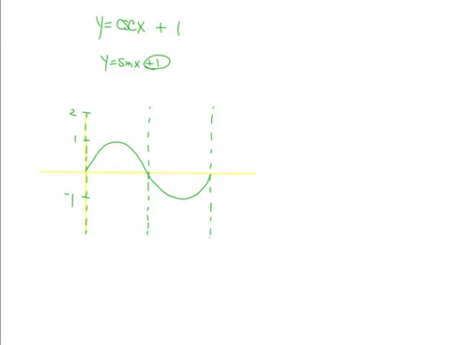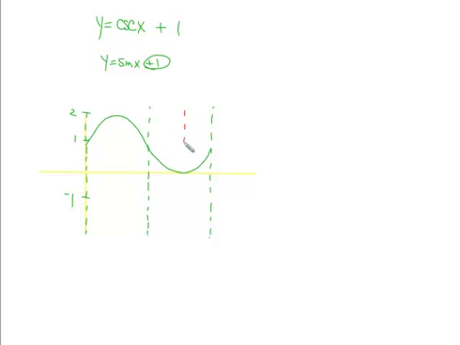Watch what happens if I grab this curve and I slide it up 1 unit. Actually, that was a little bit off. Let's try and get it a little bit better. Notice what happens, guys, that this, and this no longer are our asymptotes. Because where sine is 0 is where cosecant is undefined. So now our asymptote would be sitting over here.